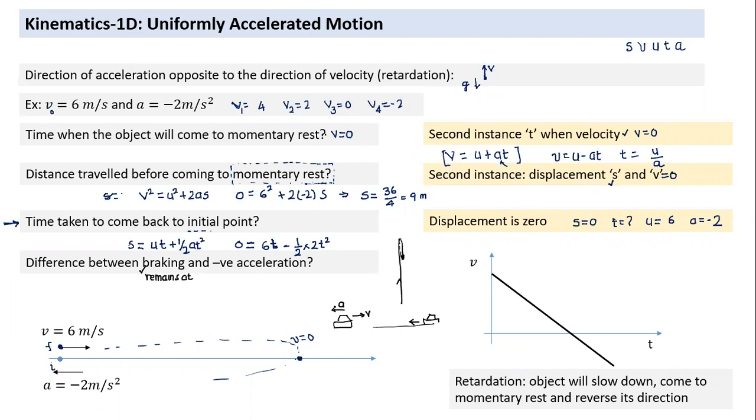Acceleration will act, bring it to a stop, and afterwards acceleration will become 0. Whereas negative acceleration, as in the case of an object thrown vertically up, keeps acting, and it starts moving in the reverse direction. That's the difference between negative acceleration and braking.